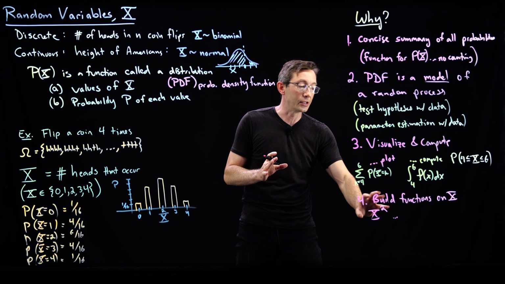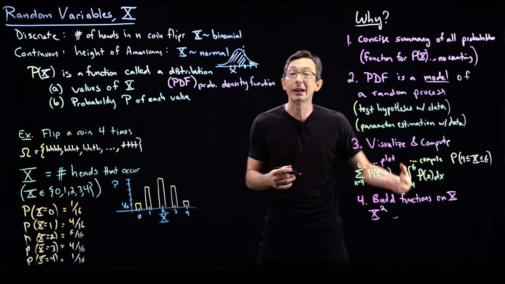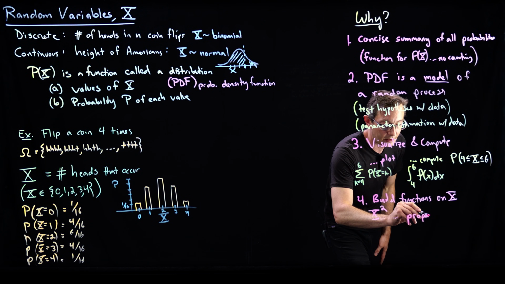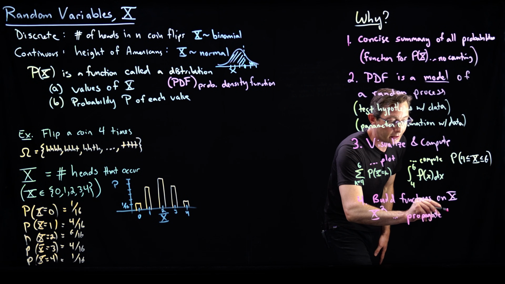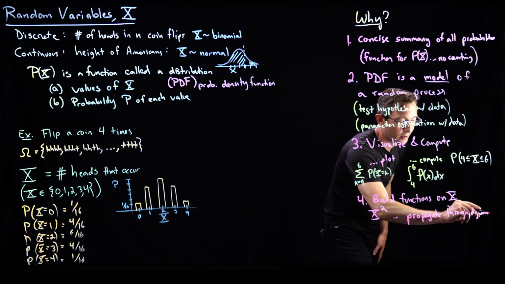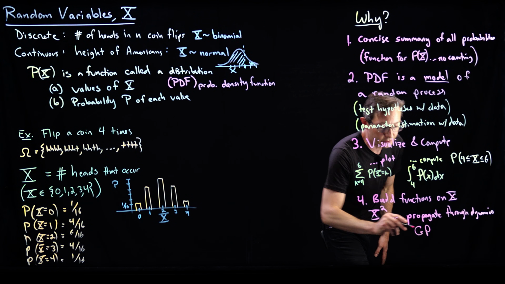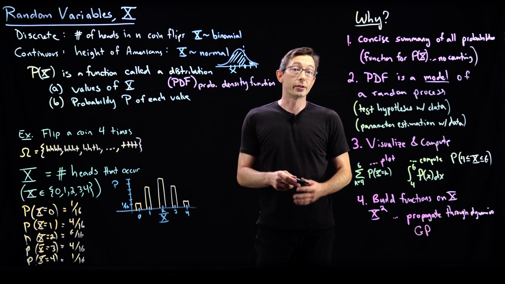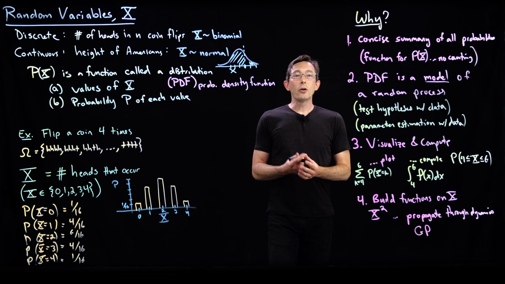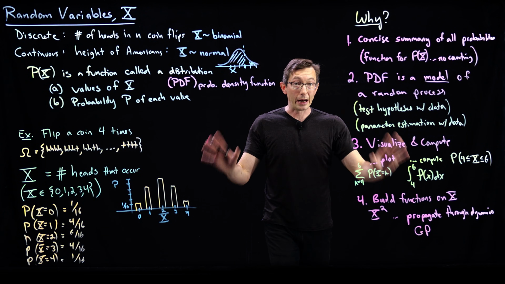All kinds of interesting things. You can build functions on x. You can propagate x through dynamical systems. You can propagate uncertainty through dynamics. This is what Gaussian processes do, they propagate uncertainty through dynamics. Super, super useful ideas. Okay, that's probably all I want to show you right now.